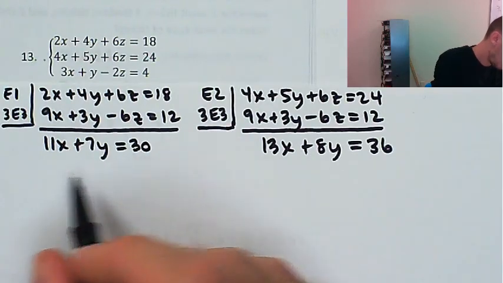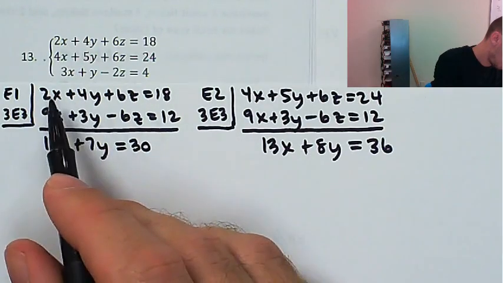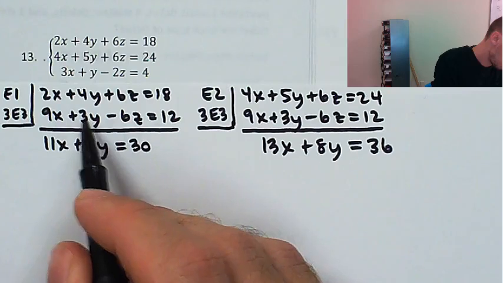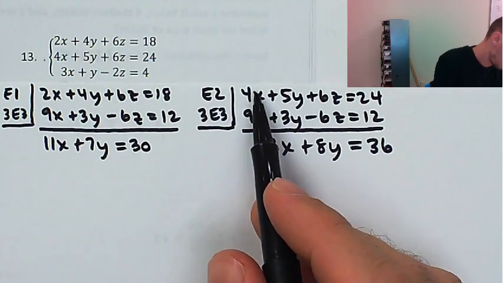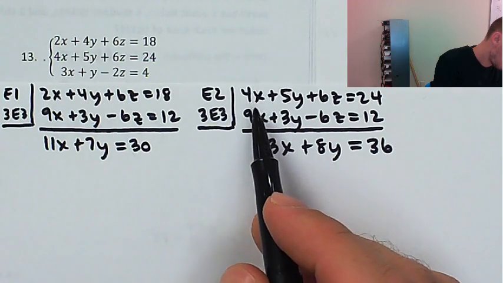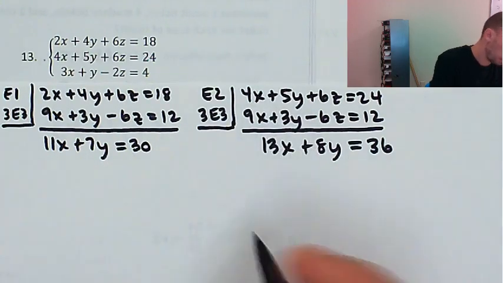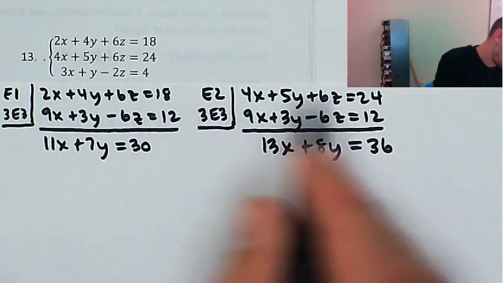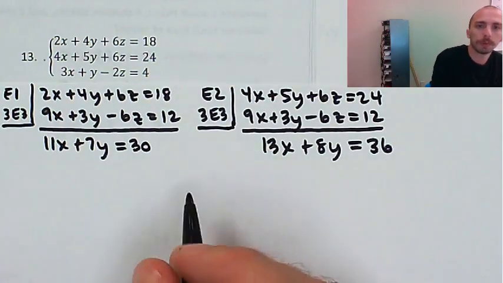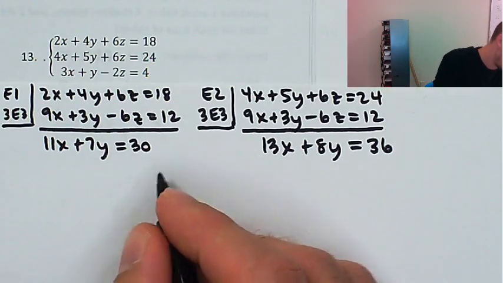Okay, let me make sure I didn't make any critical errors. Nope, I can't see it if I did. 12 and 18 is 30, 12 and 24 is 36. Okay, we're good. Can't do anything else.